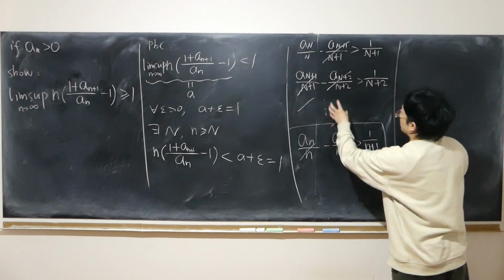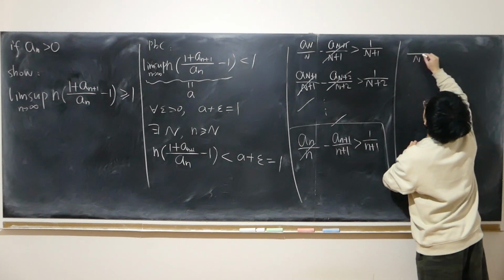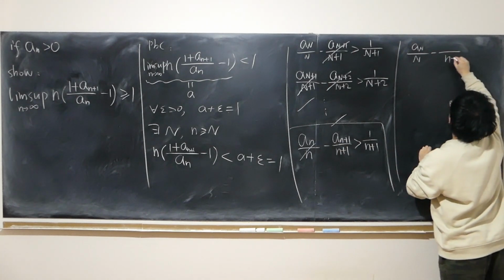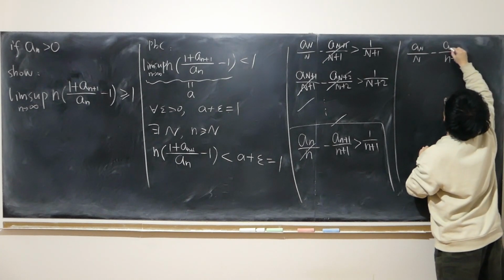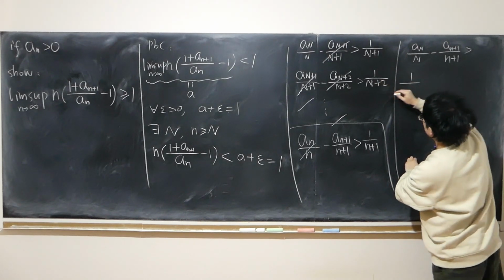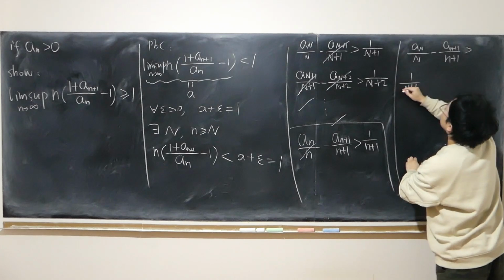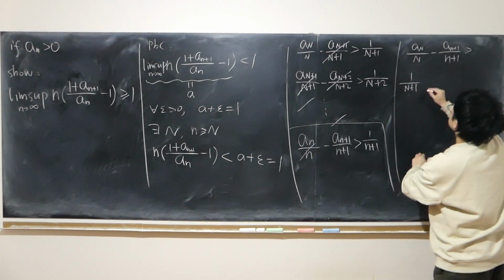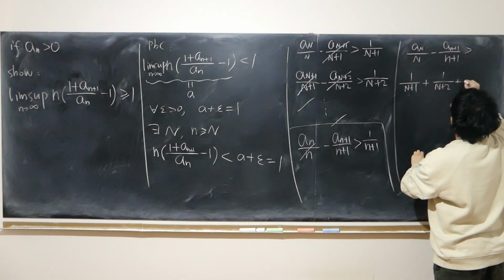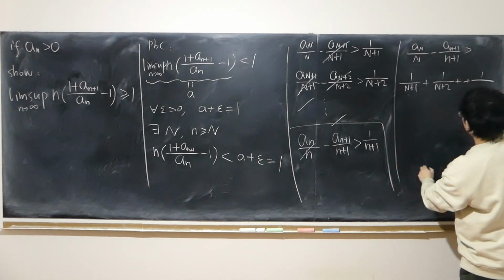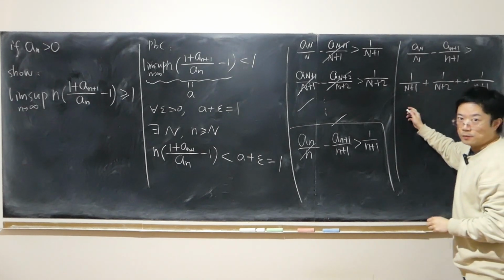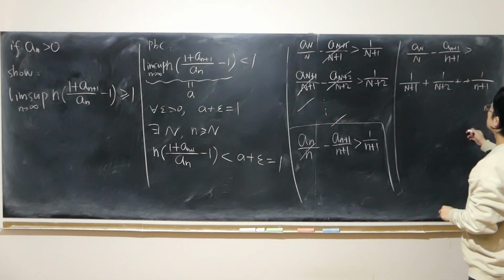So all I have left is this term and this term: a capital N over capital N minus a small n plus 1 over small n plus 1, bigger than the right-hand side, which is 1 over capital N plus 1, 1 over capital N plus 2, all the way to 1 over small n plus 1. Notice, capital N is fixed. Small n can be very, very large.